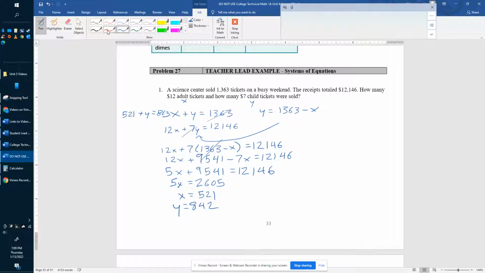We can check our answers. I'm going to plug these both into this equation just to make sure it adds up. So 12 times 521 plus 7 times 842. Make sure that equals 12,146.